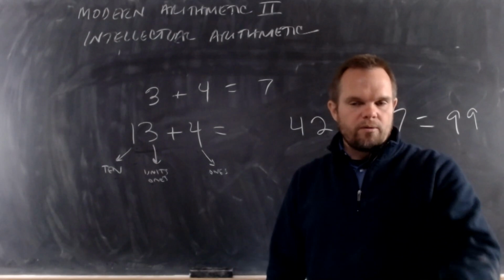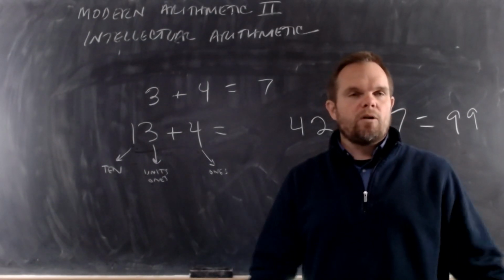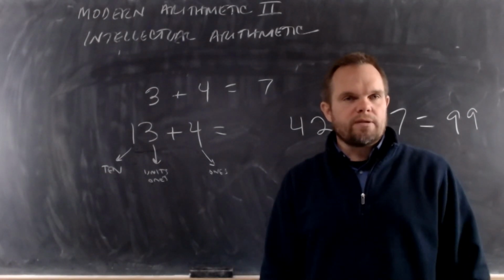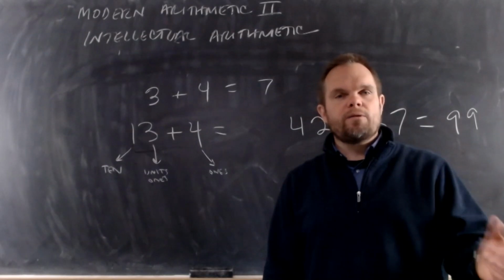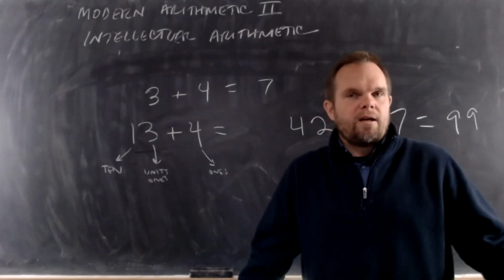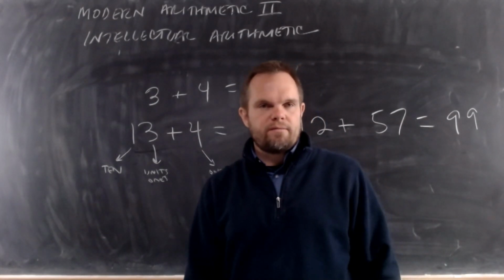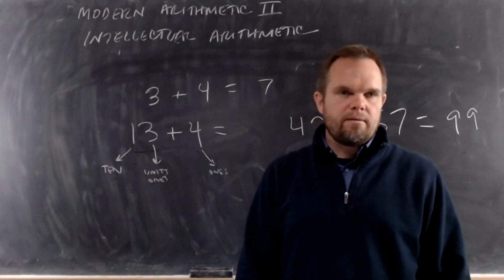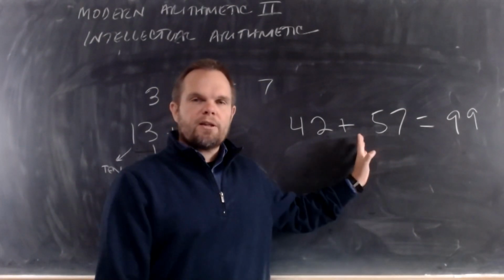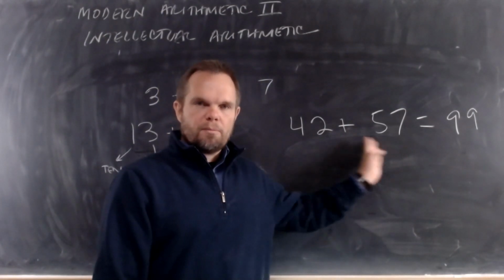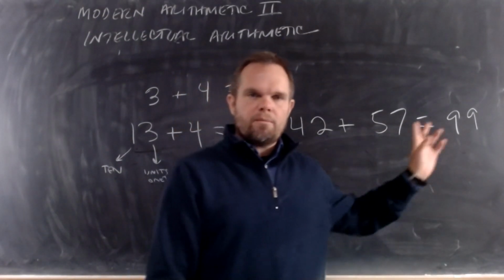You got to the end of that question and you had to answer 13 and 4 are, and all of a sudden you acted like you were confused, as if you don't know what 3 and 4 are. Because you were trying to add 13 and 4 instead of just adding 1 ten and 3 ones and 4 ones. You see that? Okay? So when you have harder problems to solve, just look at the parts. Look at the parts and add the parts. Because that's how our numbers work.